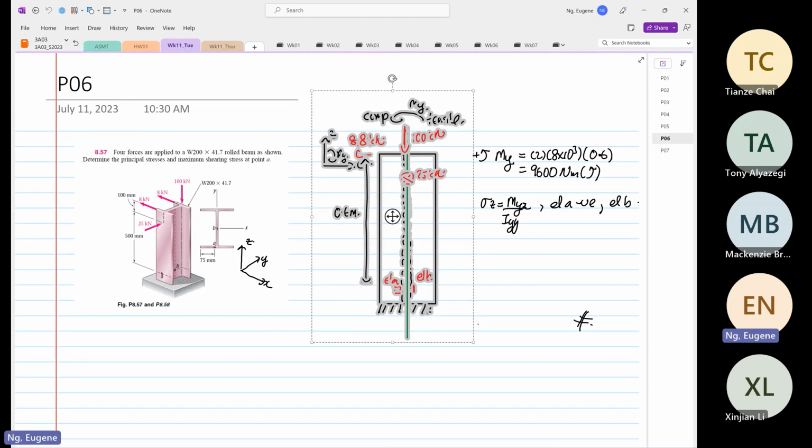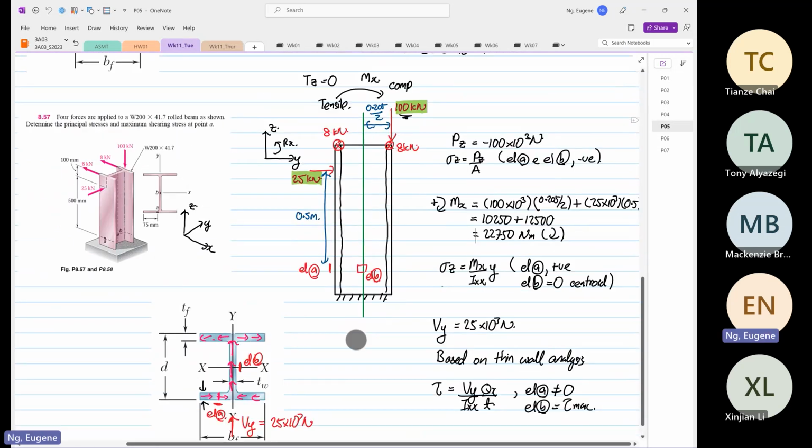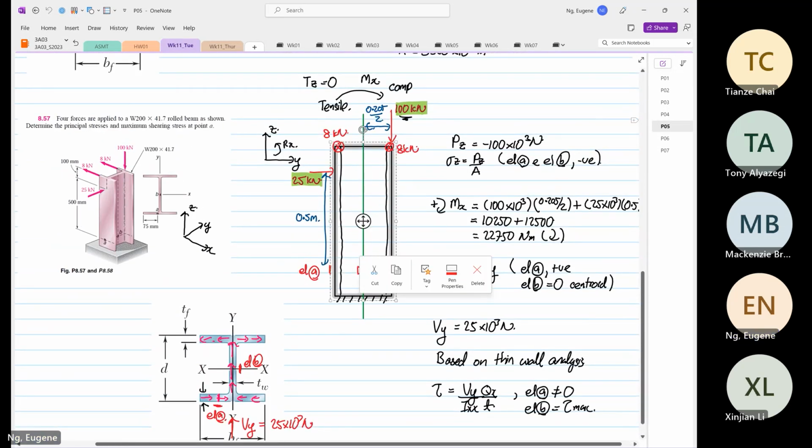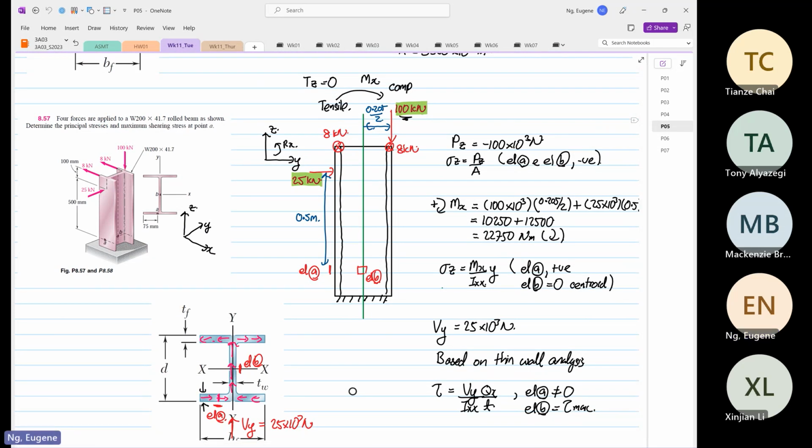So let me recap. If we look at last Tuesday's notes, this is moment in x. If we look at this view, we realize that it is in this direction. This is the direction that we spoke about.